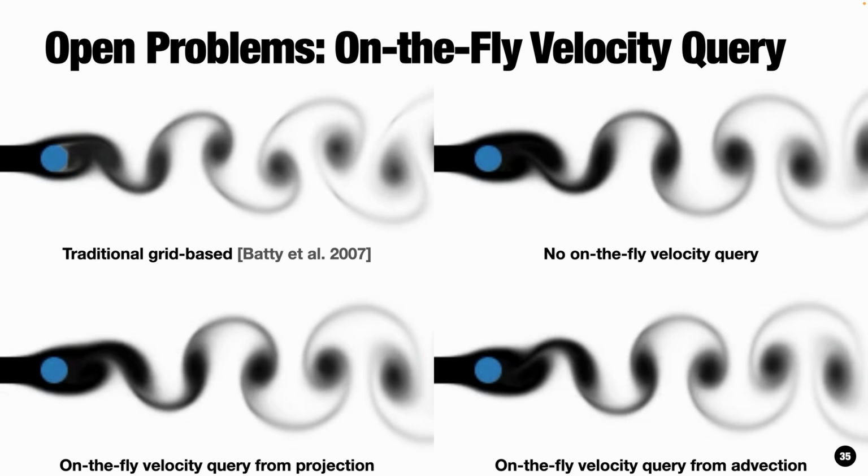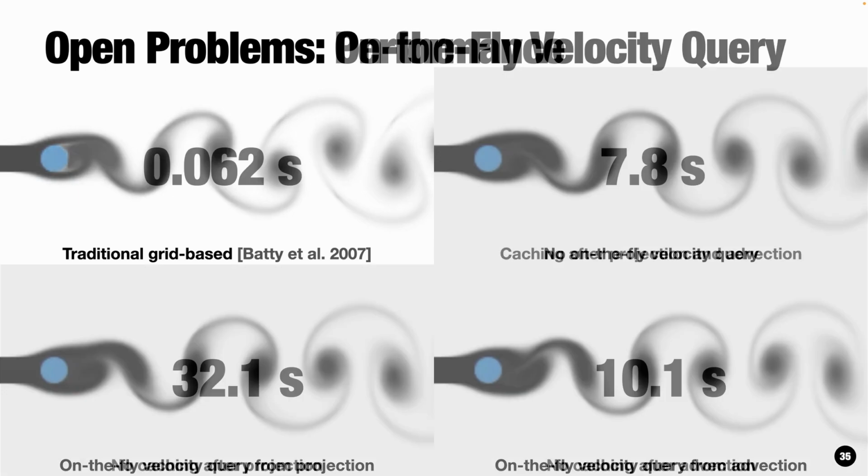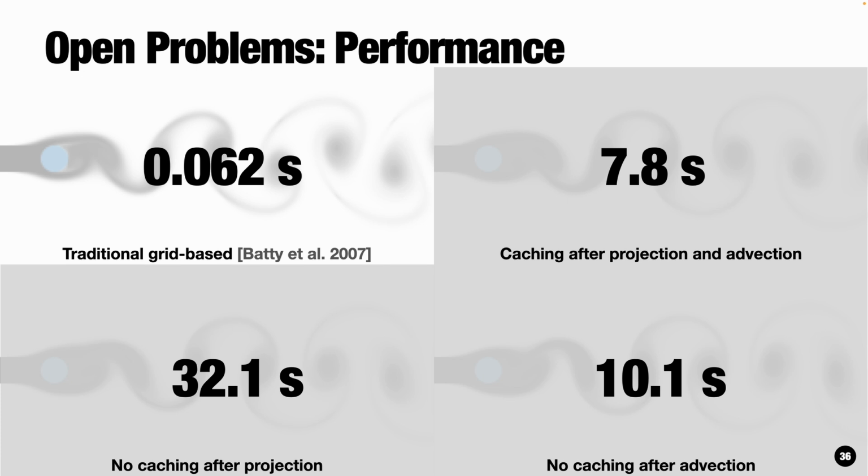We are interested in the situations where this strategy offers greater advantages. Moreover, all the variants we show run orders of magnitude slower than the single-threaded CPU implementation of the traditional grid-based counterpart. Improvements in efficiency by, for example, utilizing the spatial and temporal coherence in the velocity field is an open problem.